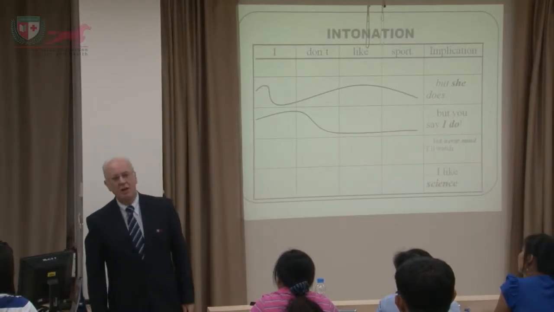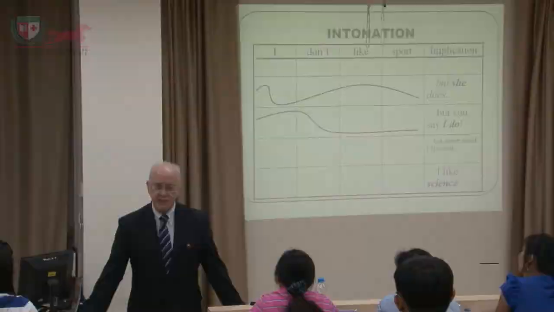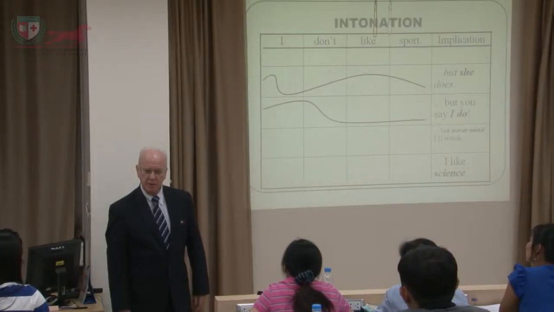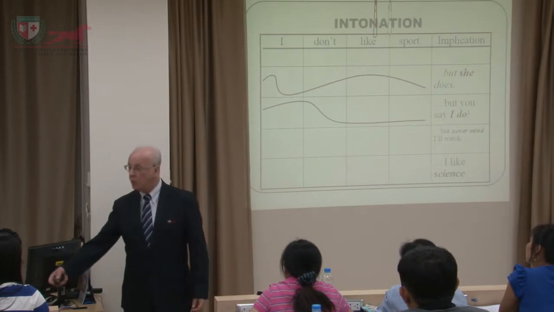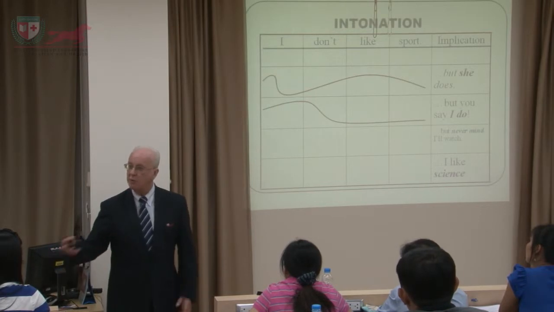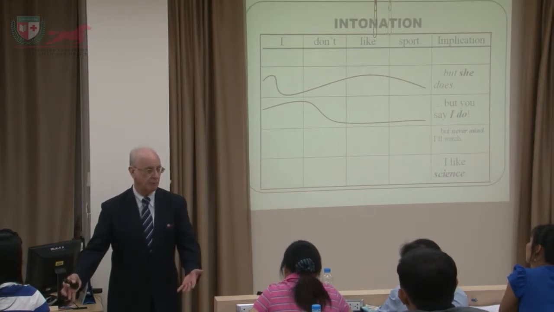Now, I don't like it at all, but I say to him, well, I don't like sport, but never mind, if you want to watch it, we will go to that bar. Okay? That's the hidden meaning. I don't like sport, but if you want to watch it, I will watch it with you. I don't say those words, but that's the hidden meaning.